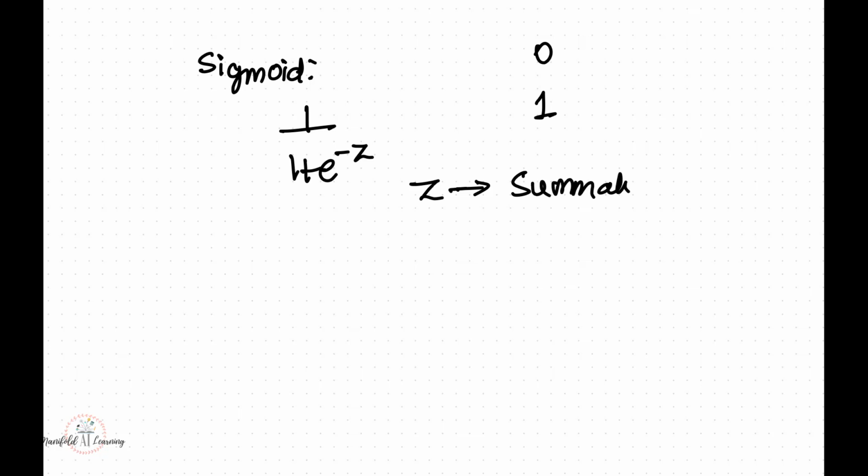For this example, I can make use of a sigmoid activation function, which is given by 1 over 1 plus e power minus z, where z is nothing but the summation that we have just found. For our previous neuron, which takes two inputs, z is equal to w1 x1 plus w2 x2 plus the bias term.